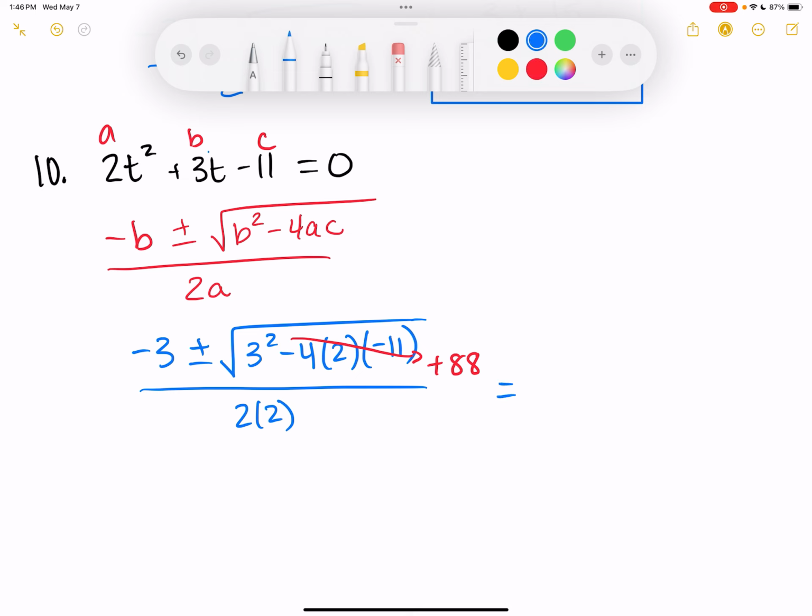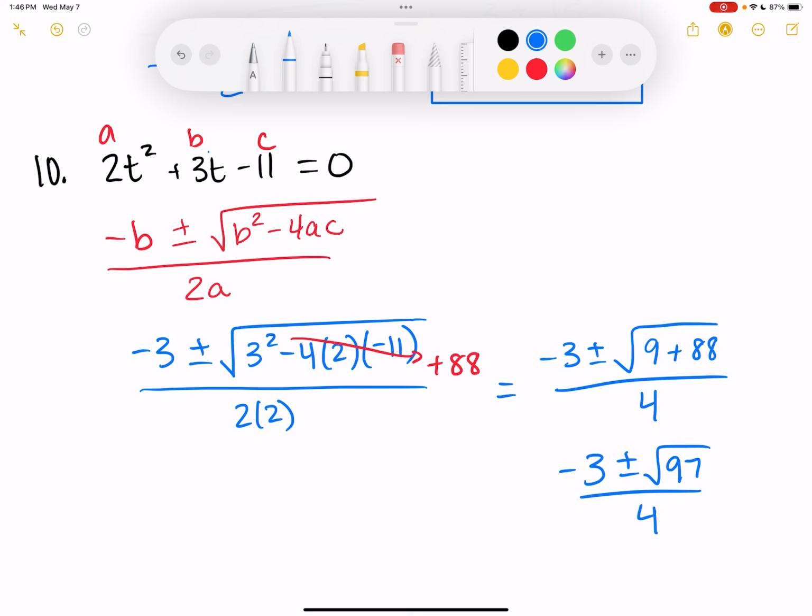So then I've got negative 3 plus or minus the square root of 9 plus 88 basically is what I have, all over 4. 9 plus 88 is 97. So my final answer is negative 3 plus or minus the square root of 97 over 4. 97 is not a perfect square, so we will just leave it like that.